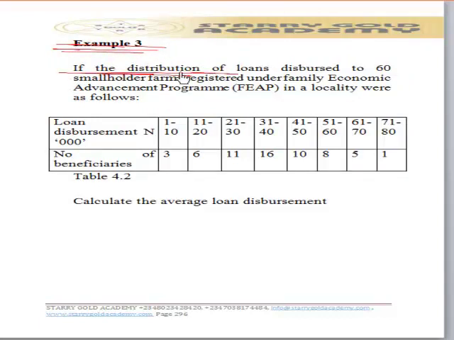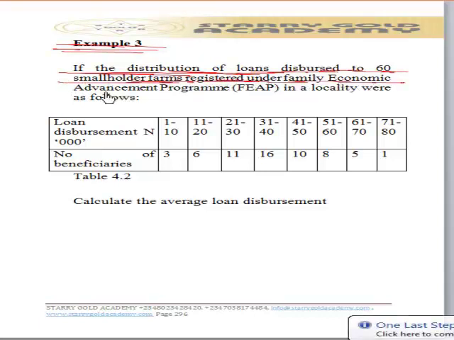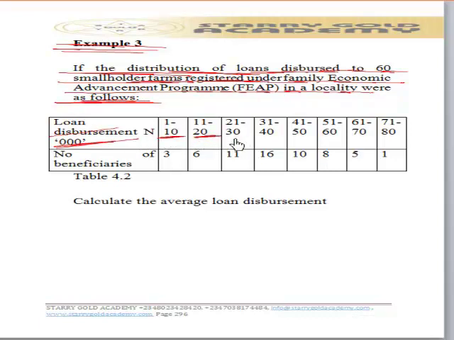If the distribution of loans disbursed to 60 smallholder farms registered under the Family Economic Advancement Program in a locality were given as follows: we have loan disbursement in thousands of naira: 1 to 10, 11 to 20, 21 to 30, 31 to 40, 41 to 50, 51 to 60, 61 to 70, and 71 to 80.